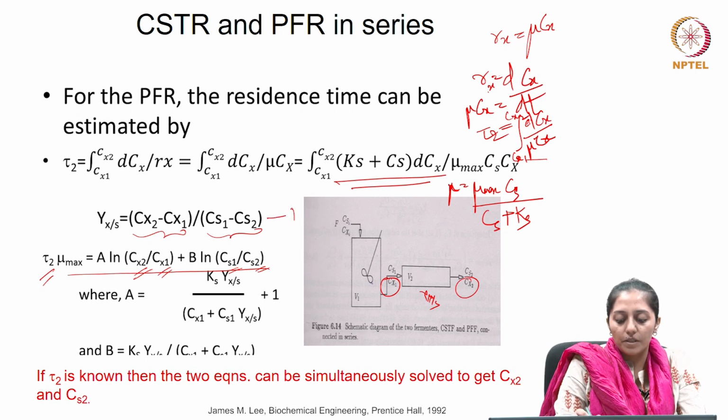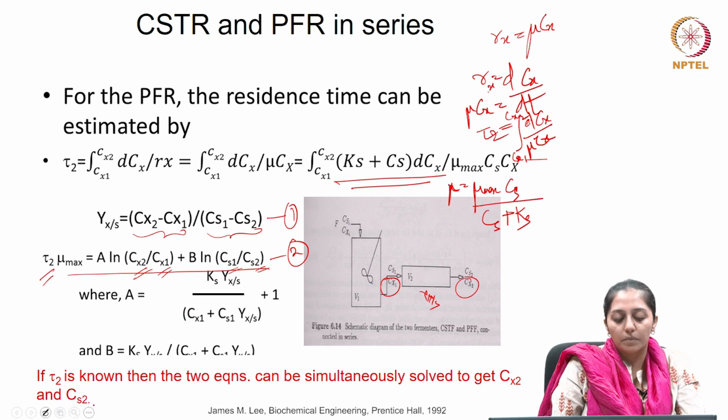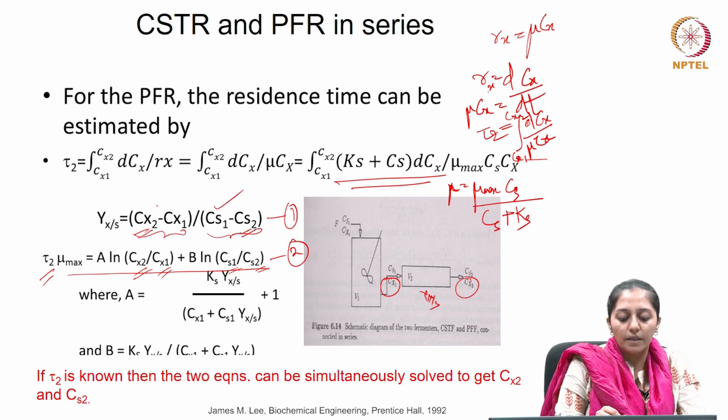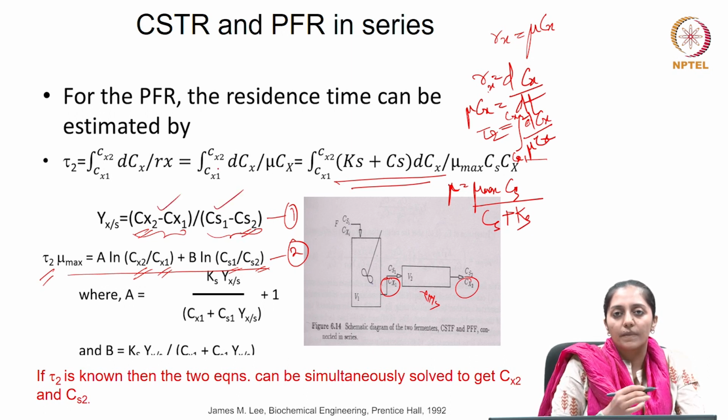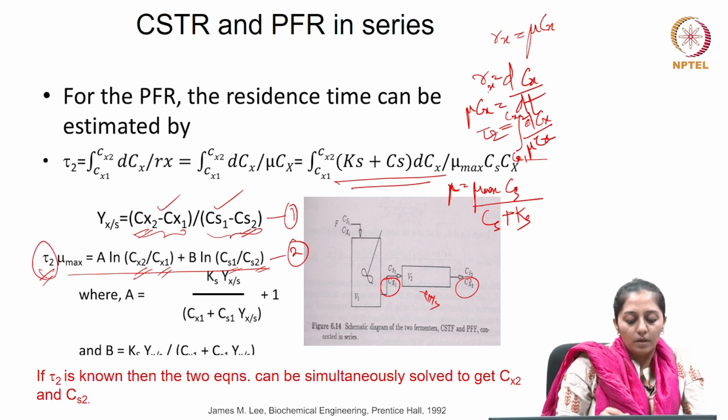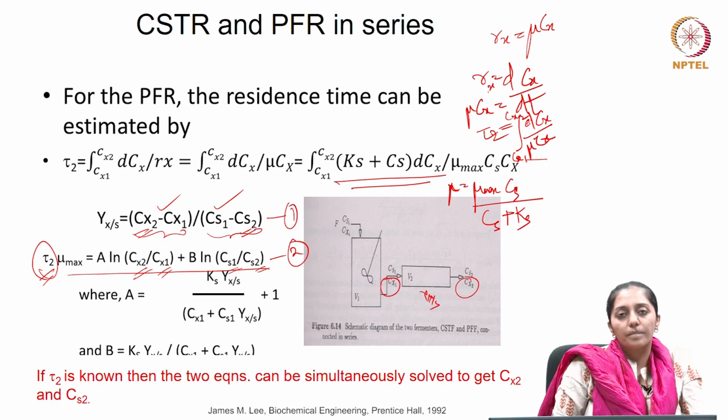So now we have two equations with two unknown variables, which are Cx2 and Cs2. Cs1 and Cx1 are already known from the first reactor. So we will substitute one variable as a function of the other in one of the equations. Using equation 1, we will do the substitution in equation 2, and then if tau 2 is known, we can simultaneously solve these.